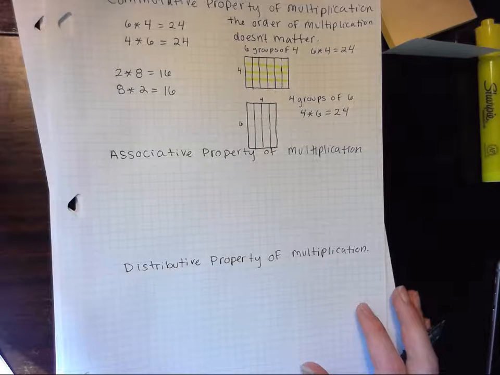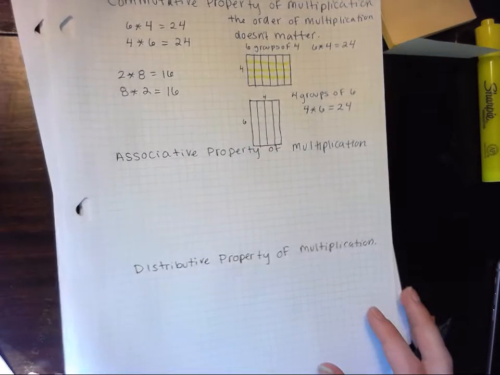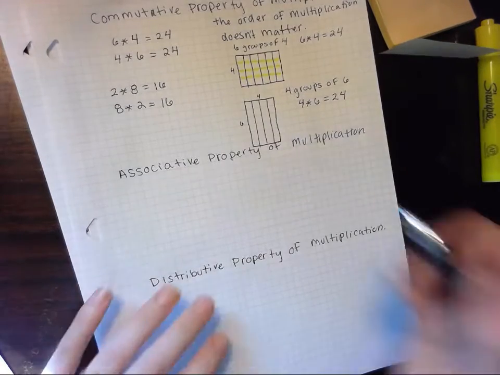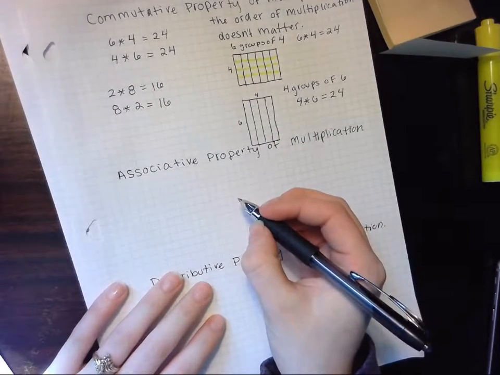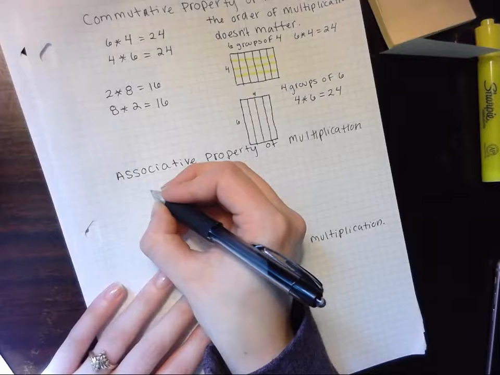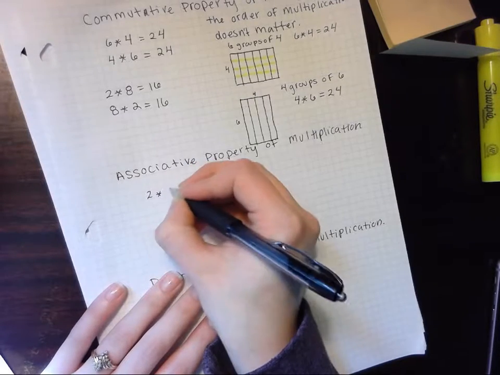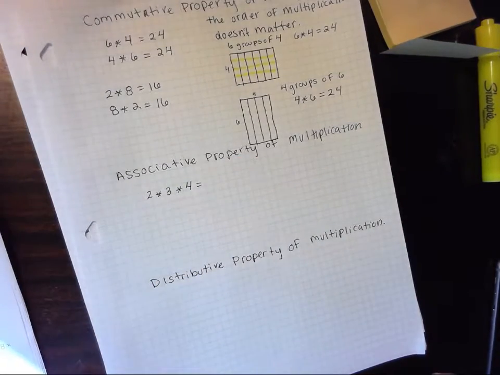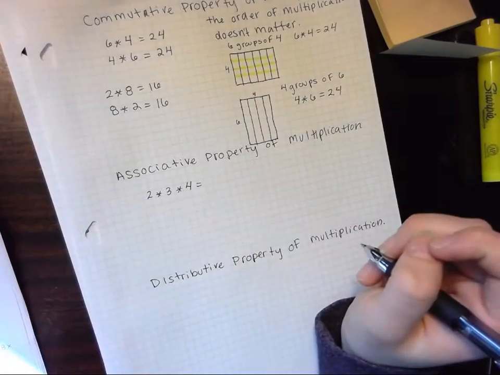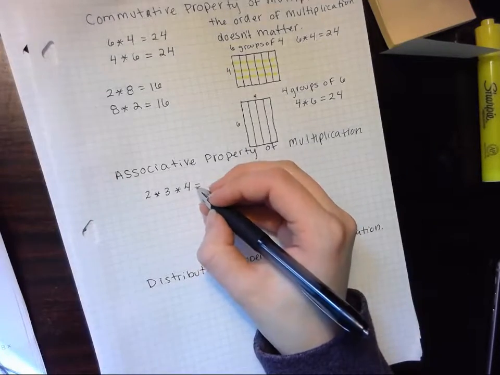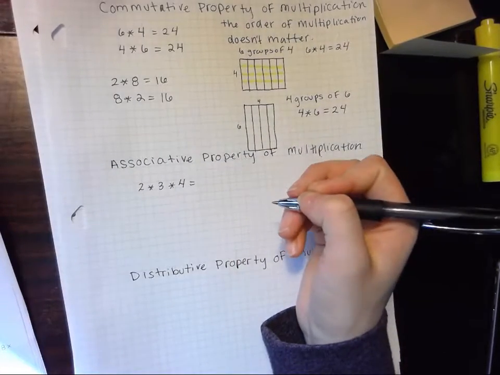All right. The next thing is the associative property of multiplication. Now, if I gave you the problem 2 times 3 times 4, we can multiply any two of these and then multiply that answer by the third one.